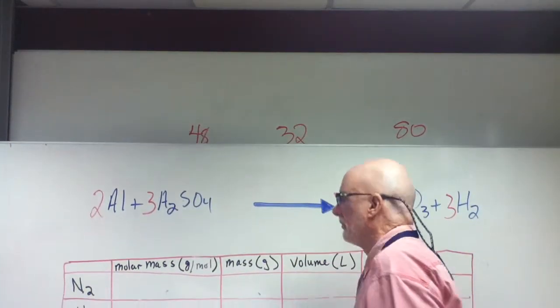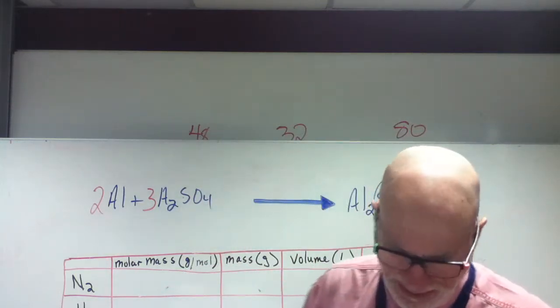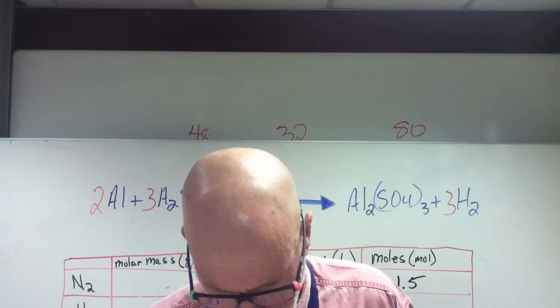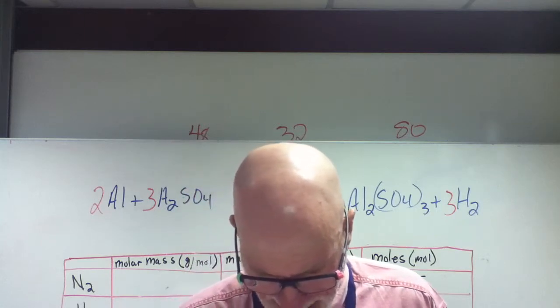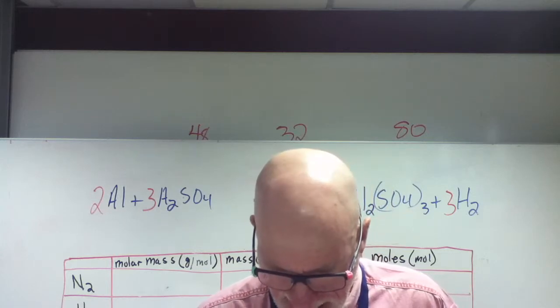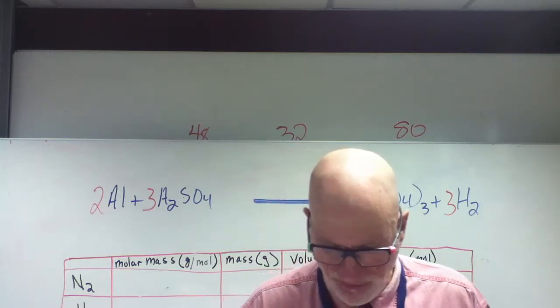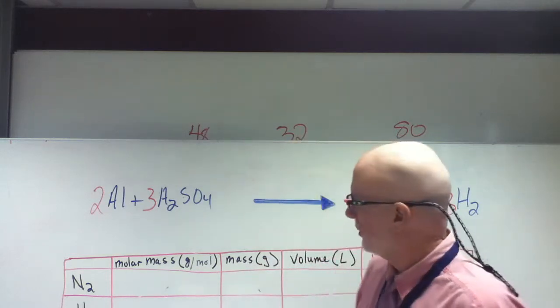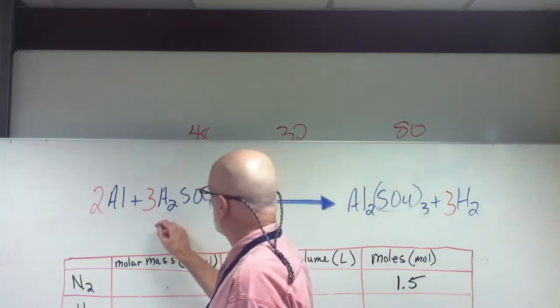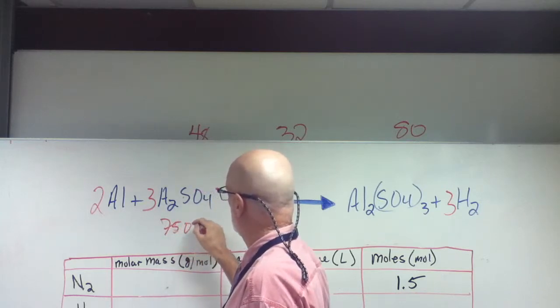This is the problem. It says, what did it say? Aluminum reacts with sulfuric acid to produce aluminum sulfate plus hydrogen gas. How many grams of aluminum sulfate will be formed if 750 grams of sulfuric acid? So we'll say 750 grams of this, correct?